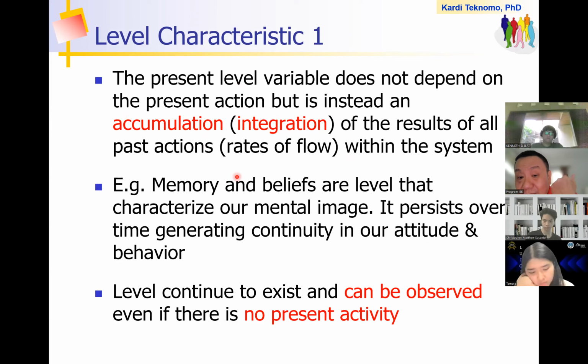For example, your memory, your belief, is actually a level that characterizes your mental image. Here is another characteristic of level. The level will continue to exist and can be observed even if there is no present activity. Even if there is no activity, the level still exists.